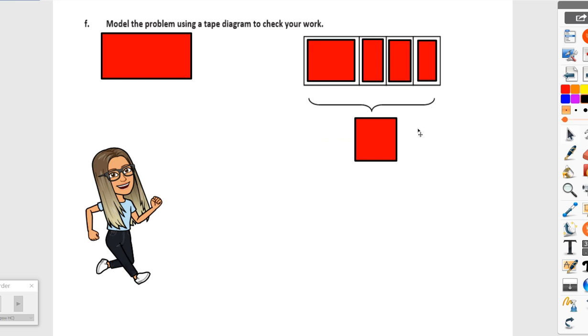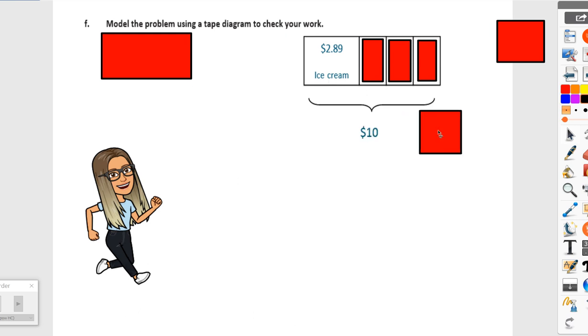Now it says we're going to model using a tape diagram. So what did we have? Well, our tape diagram, we have 4 things. The first thing we had was our $2.89 ice cream. We know the total cost was $10. And we have 3 what? Yeah, waters.